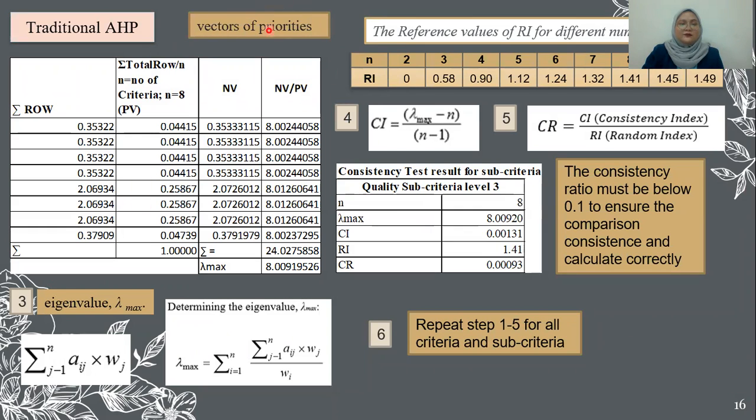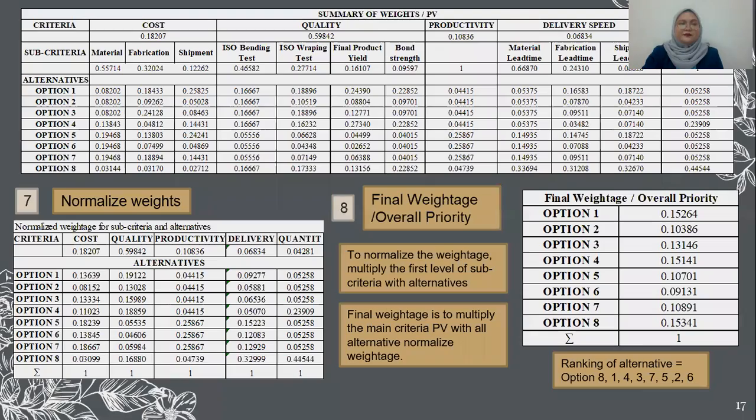After getting the vector of priorities, I need to check the consistency ratio. The consistency ratio must be below 0.1 to ensure the comparison is consistent and calculated correctly. Then I will repeat steps 1 until 5 for all criteria and subcriteria.